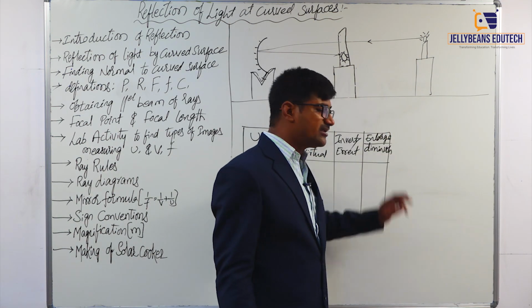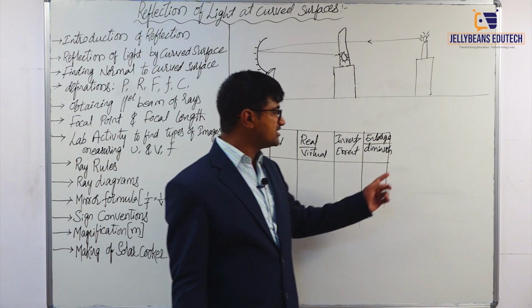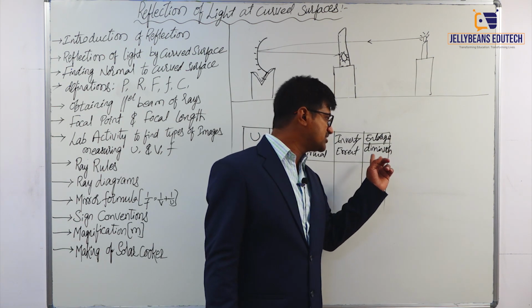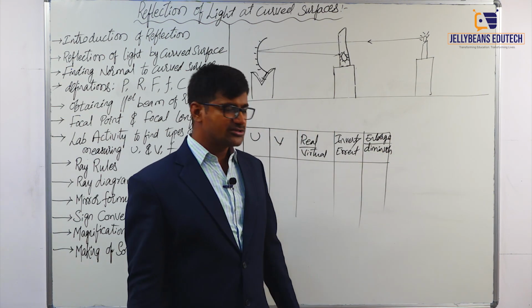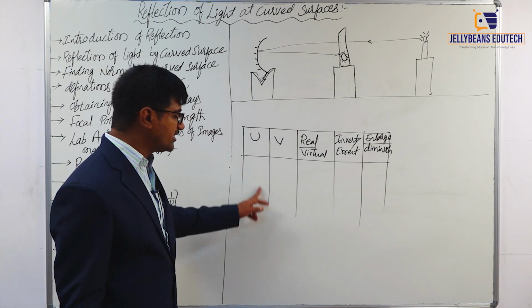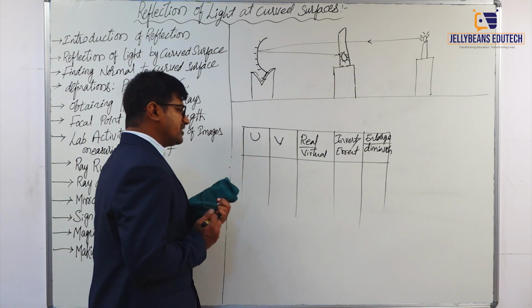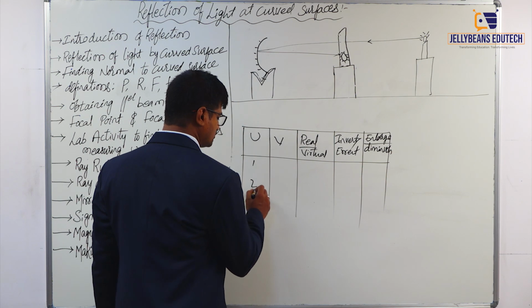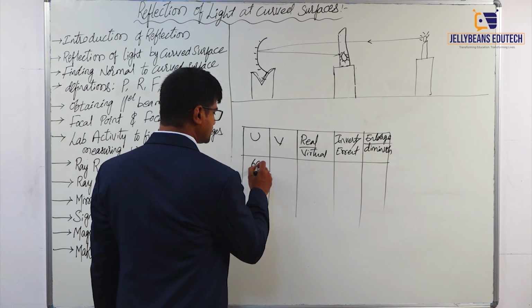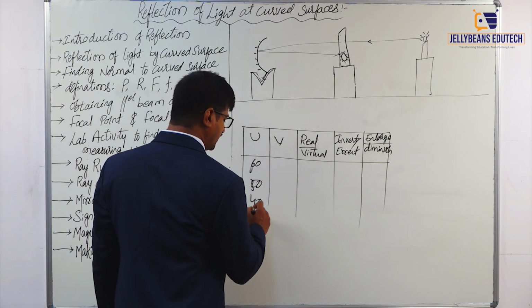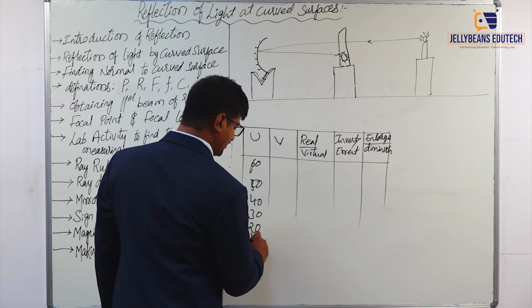So as for the image nature, in some positions it is enlarged, and in some positions it is diminished. In this way we will note down all the different values of object distance and the formation of the images. For example, object distance is 60, 50, 40, 30, 20, 10.